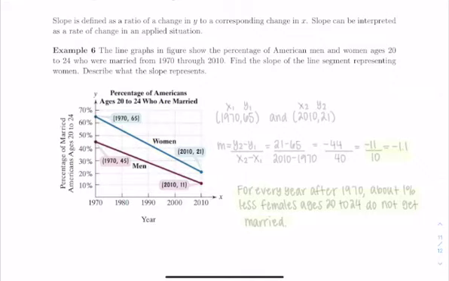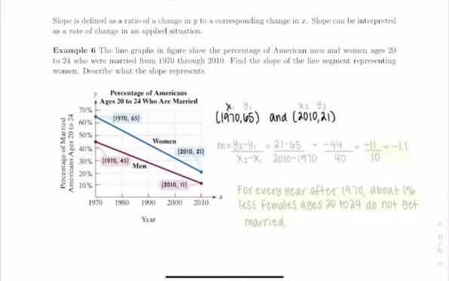So we're looking at the women line, which is just the blue line, and we're given two coordinates here. We have the point 1970, 65, and we were also given another point, which was 2010, 21. And so we can figure out the slope with these 2 points.